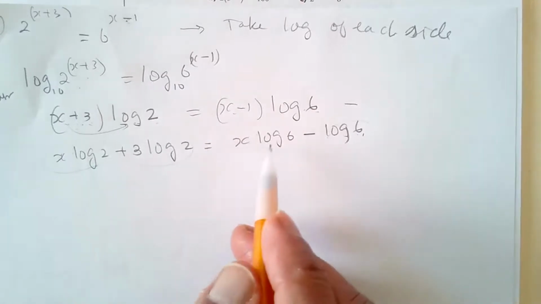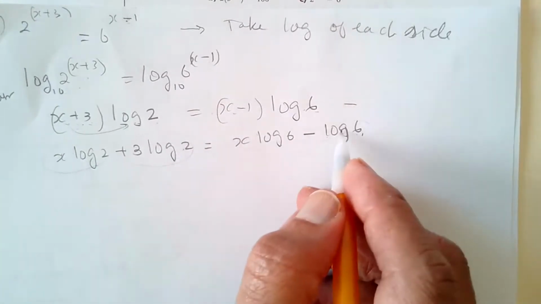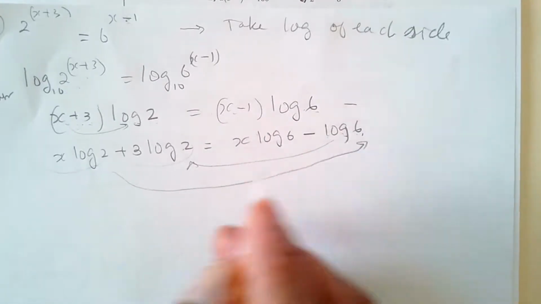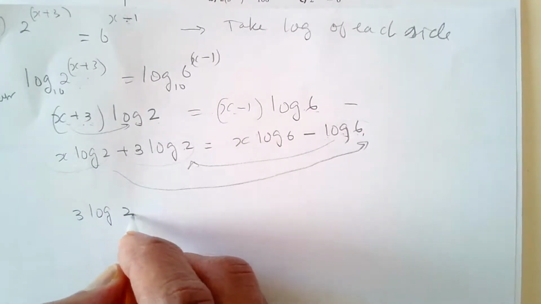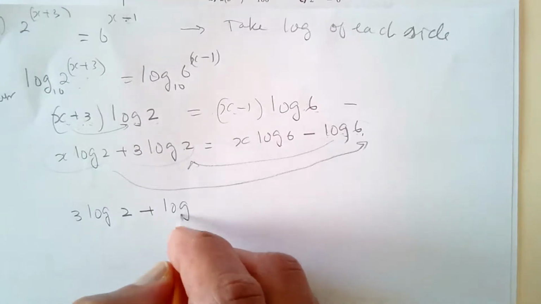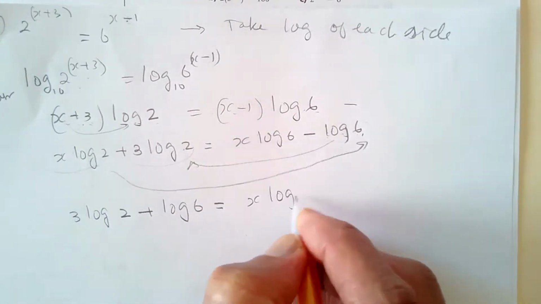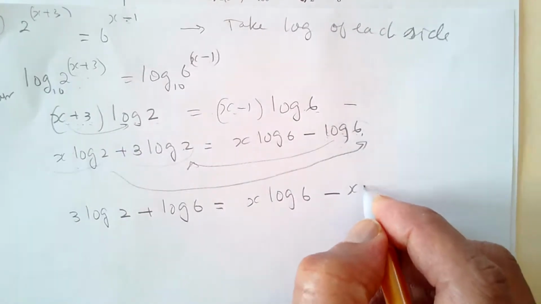So it's 3 log 2. I'll move this over here, and so we have 3 log 2, which becomes positive, plus log 6 equals x log 6 minus x log 2.